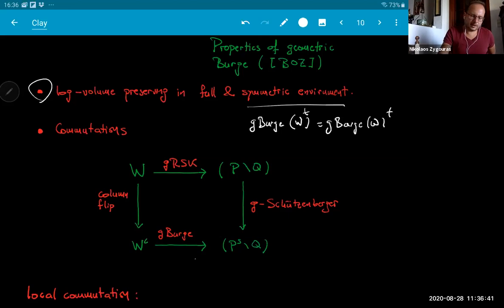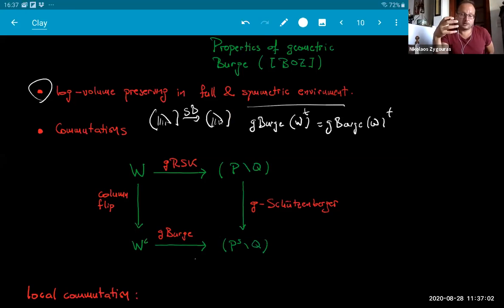So in the symmetric case, if you do geometric Birch, then again, you have a symmetry in the same way that you have a symmetry with RSK. You have a set of independent variables in the lower part of the matrices. And then again, we can show that the volume preserving property holds also in this symmetric environment.